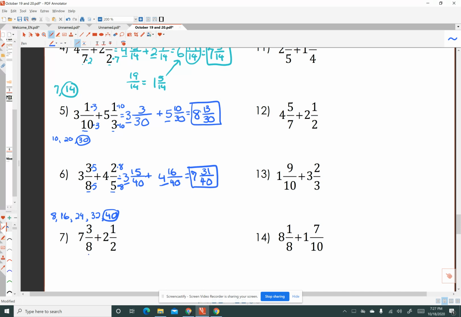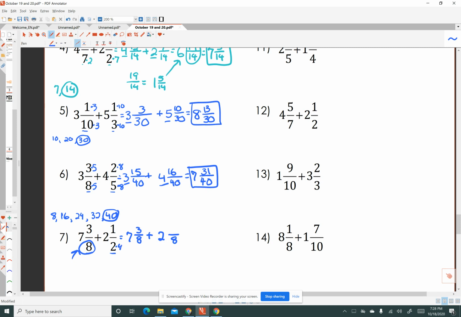This one's a little easier for us at first. We have an 8 and a 2 as denominators, and we know that 2 is a factor of 8. So we can use 8 for our denominator. That means the first fraction does not change. So we have 7 and 3/8 plus 2, and how many eighths?